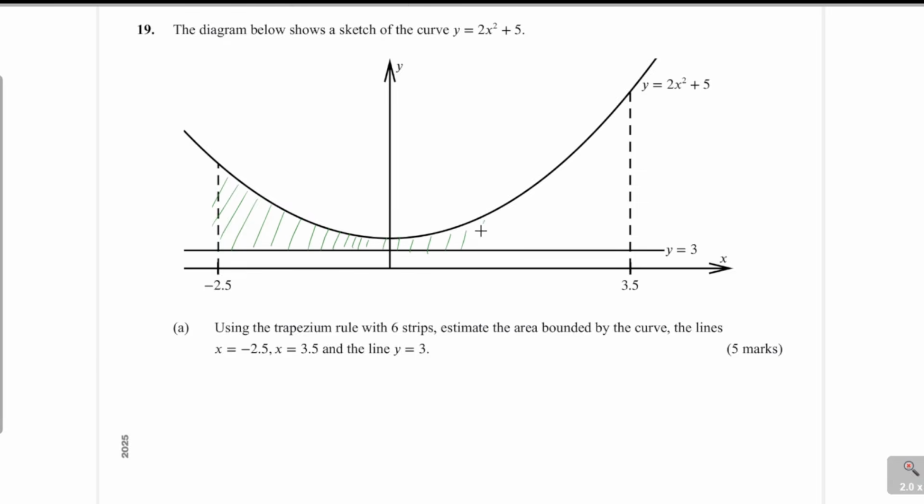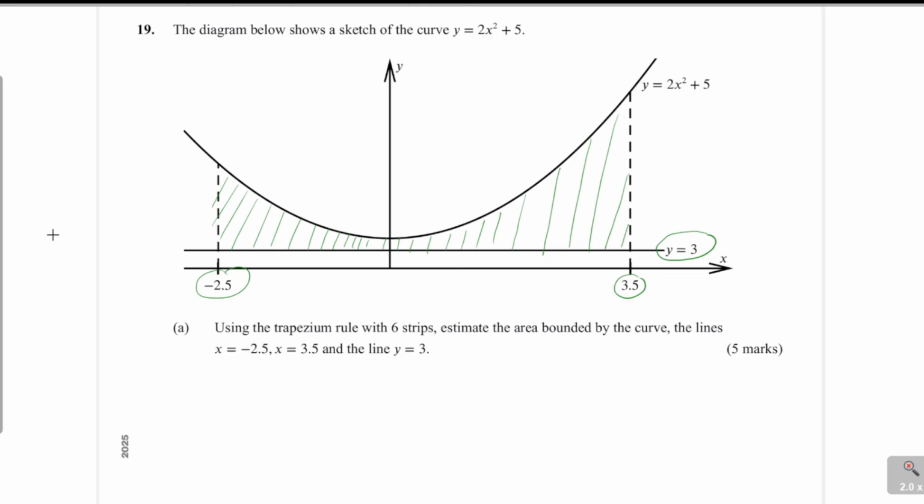Now how do you get that area? You get the area under the curve between -2.5 and 3.5, then you subtract the area below the line y = 3. By doing so, you'll be left with the shaded area.